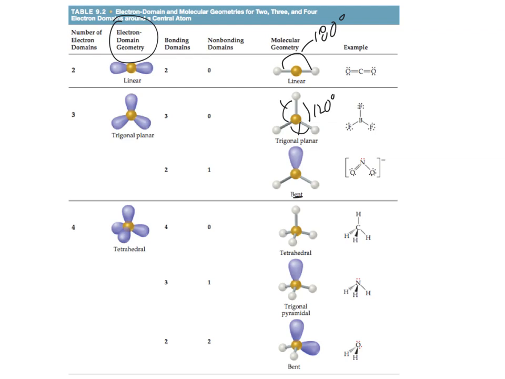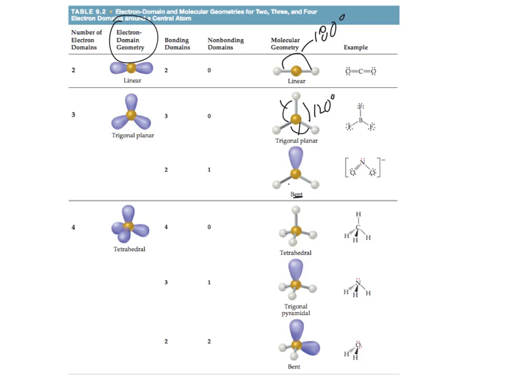Basically what ends up happening is, remember the lone pair domains take up more space on the atom, so they're going to alter the shape of the molecule. We don't have 3 bonding structures, we only have this set here, so this gives us this kind of bent or V-looking shape. So the shape that we have is bent.